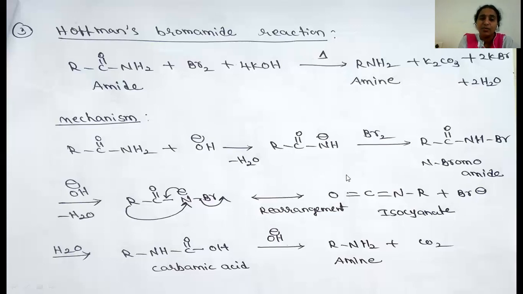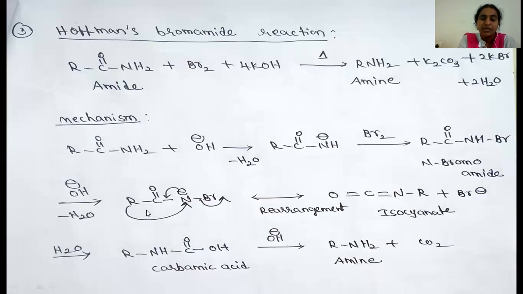Now this N-bromoamide further reacts with the base. This base again takes the proton from this N-bromoamide, so finally it produces this compound. In this compound nitrogen has the minus charge because here H is liberated as H plus, hence nitrogen carries the minus charge.